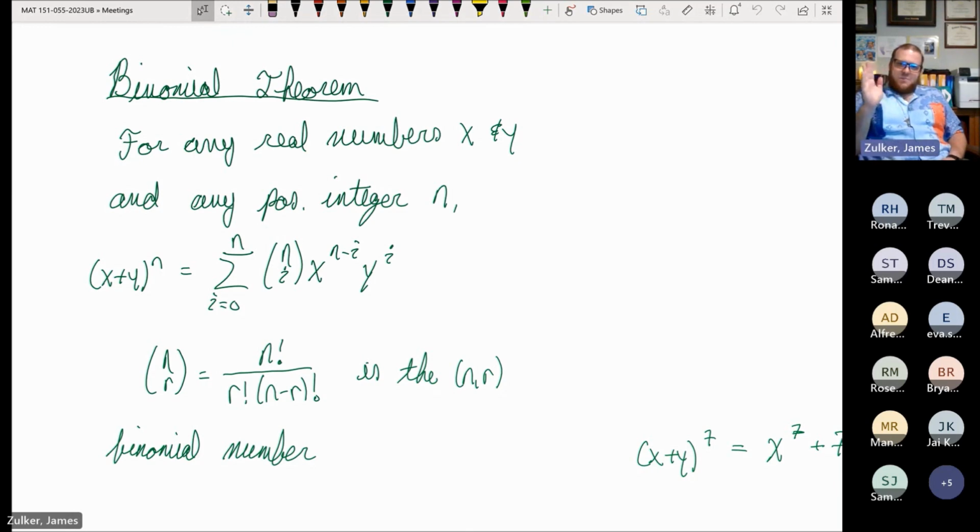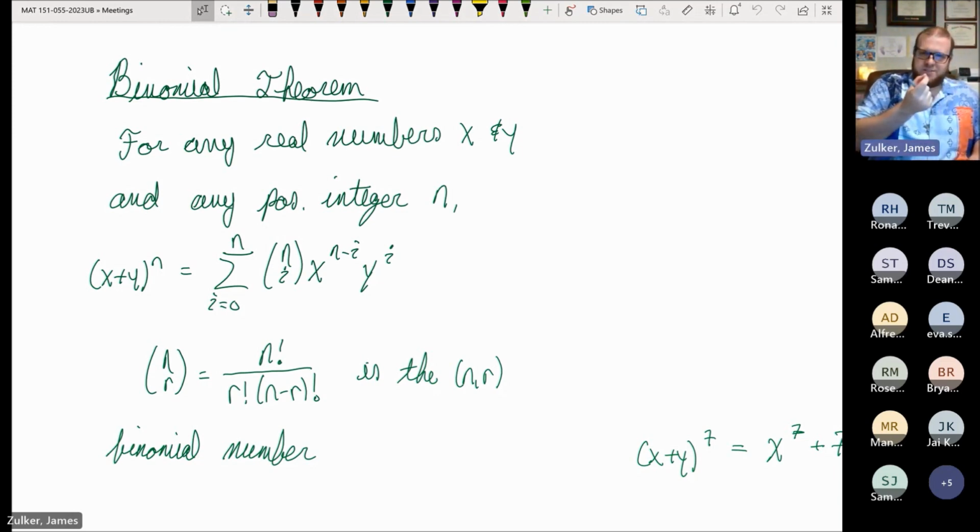Each successive term, your x power decreases by 1, and your y power increases by 1. So the next term will have x to the n minus 1 times y. Then you have x to the n minus 2 times y squared. And you keep going until you get x to the 0 and y to the n.